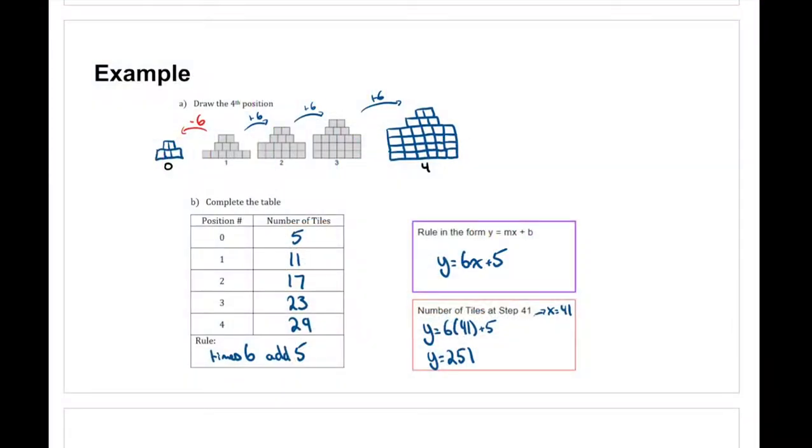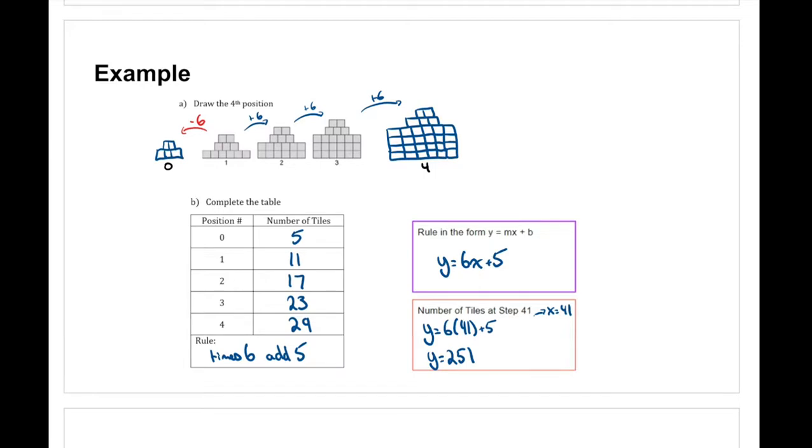So when we go through this example, we should find that our 4th position is drawn. We've completed the table. We've reversed our pattern to find out that at position 0, we have 5 tiles. Hopefully you could recognize that from the pattern, and that's what's staying the same. And in our rule, the rule is times 6 add 5.